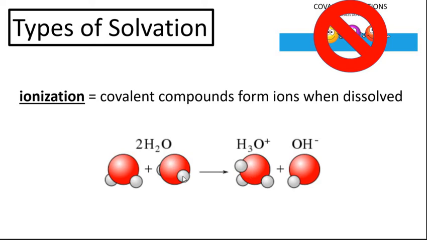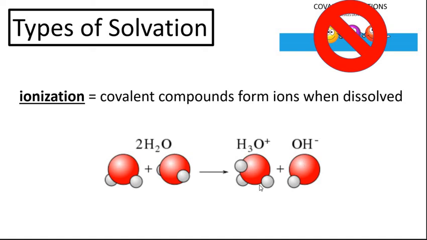You'll have the hydrogen from one of the waters go over to the other, and you'll have the electron left, and you'll have just OH with a negative charge and H3O with a positive charge. So these covalent compounds actually become ionic when they're dissolved. This is rare.